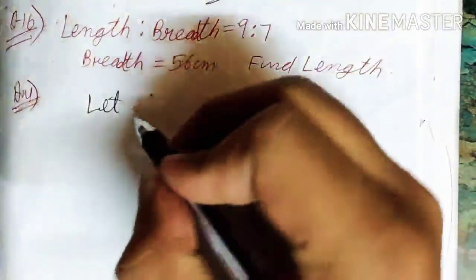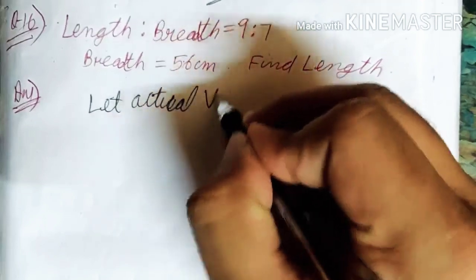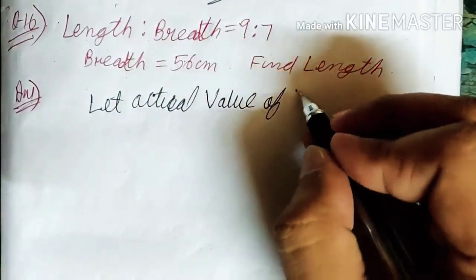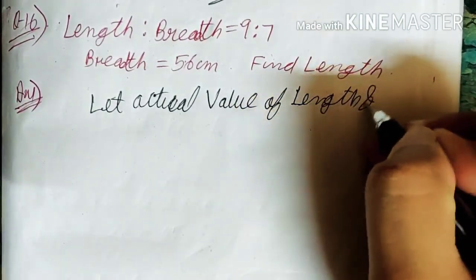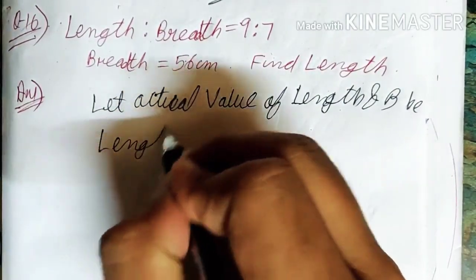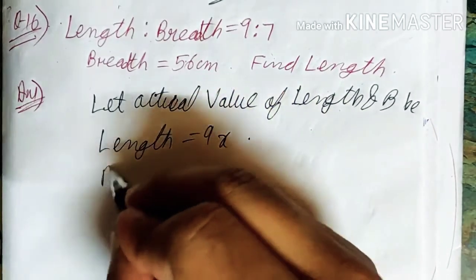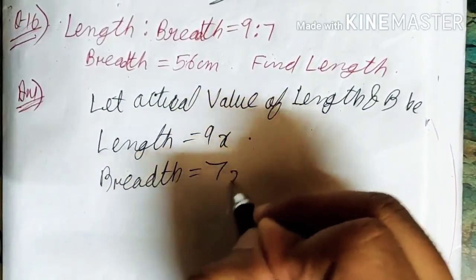So let the actual values of length and breadth be, length will be equal to 9x and breadth will be equal to 7x.